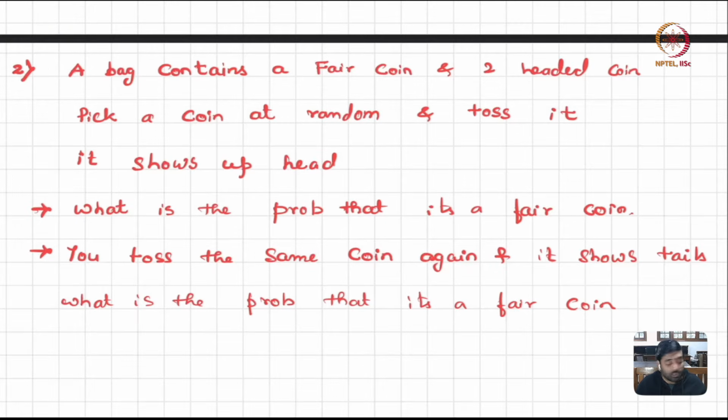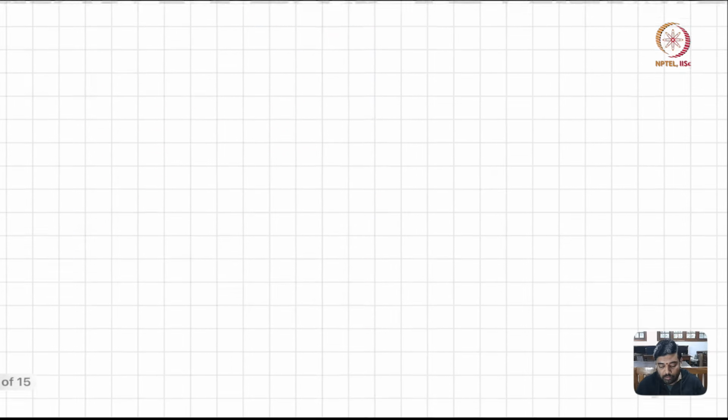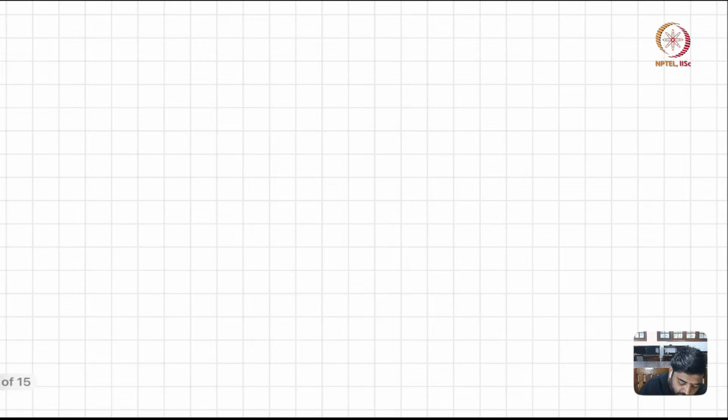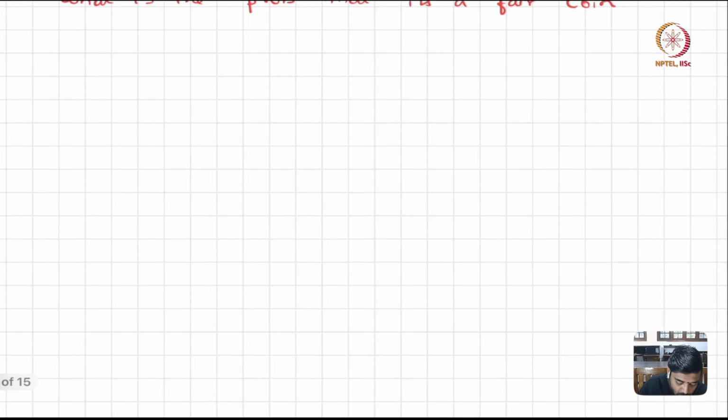Now, to understand this, we should go ahead and use a very important rule, Bayes rule. So now let's say I have coin 1, let's call it a fair coin, and coin 2, let's call it a biased coin.